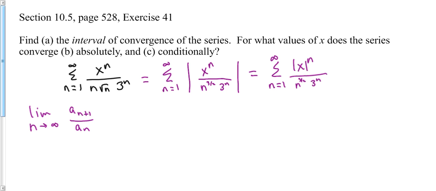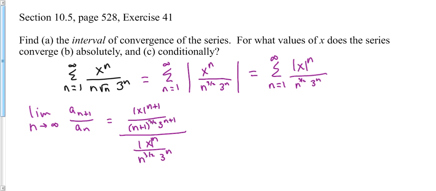So let's substitute these terms in here, and we're going to have the absolute value of x to the n plus 1 divided by n plus 1 to the 3 halves times 3 to the n plus 1. And we are going to divide that whole thing by the absolute value of x to the n divided by n to the 3 halves times 3 to the n.